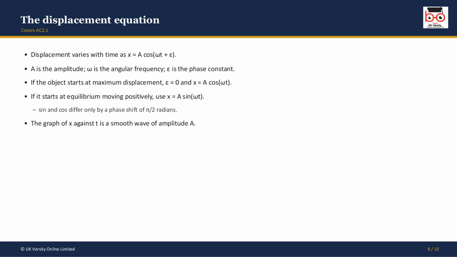If instead it starts at equilibrium moving in the positive direction, you use a times the sine of omega t. Sine and cosine differ only by a phase shift of pi over 2 radians, and either way, the graph of displacement against time is a smooth wave with amplitude a.